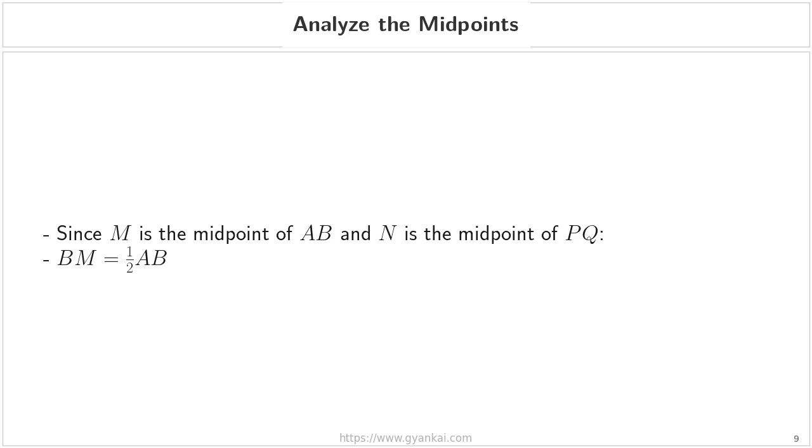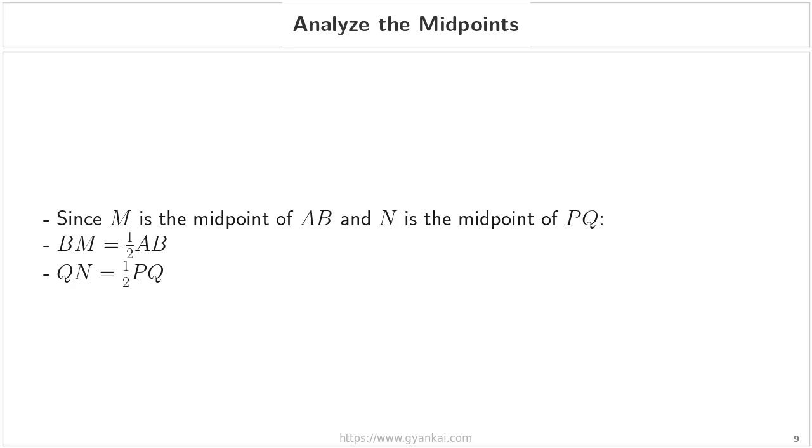This means that the length of the segment BM is exactly equal to 1/2 of the length of the entire side AB. Similarly, the length of segment QN is equal to 1/2 of the length of side PQ. We need to keep these specific relationships in mind, because in the next step, we are going to substitute these values into our original ratio to see how the sides relate to one another.